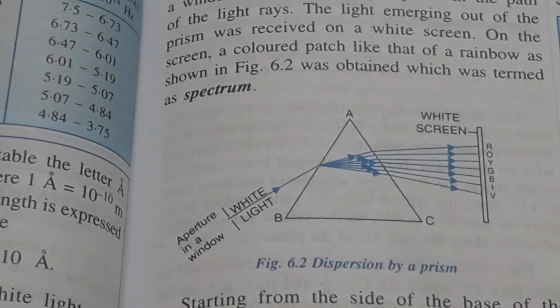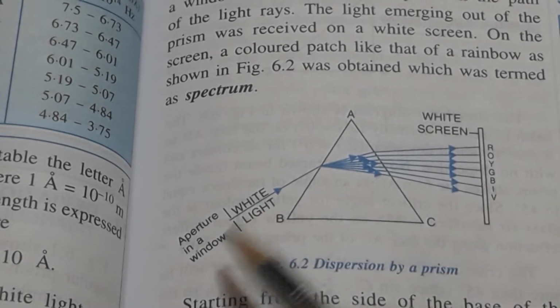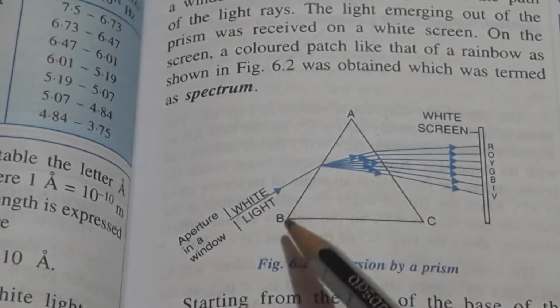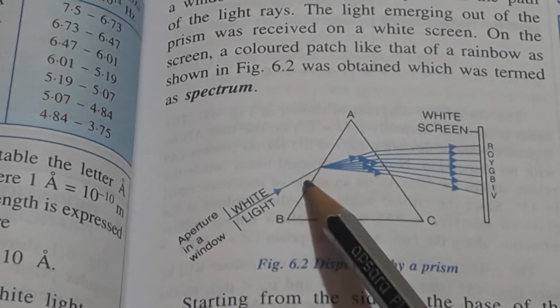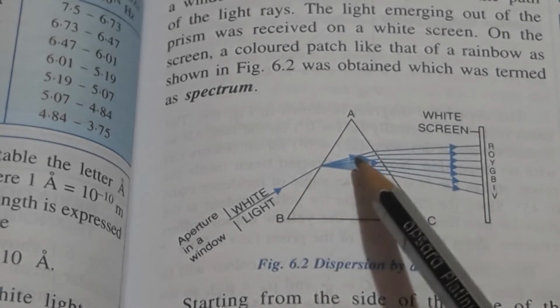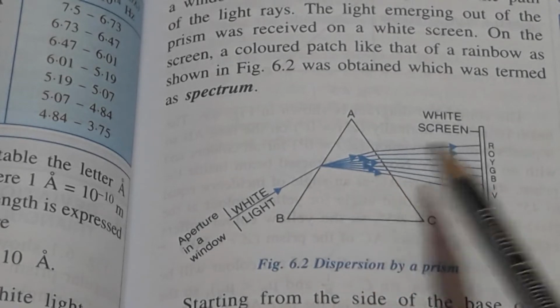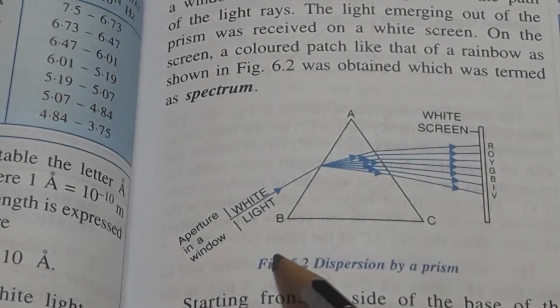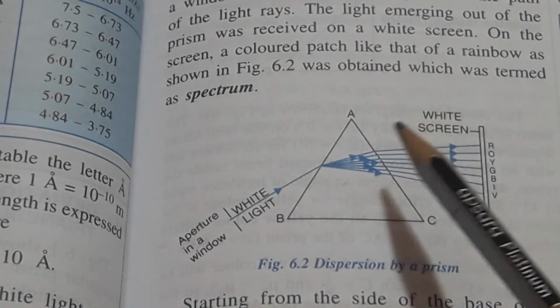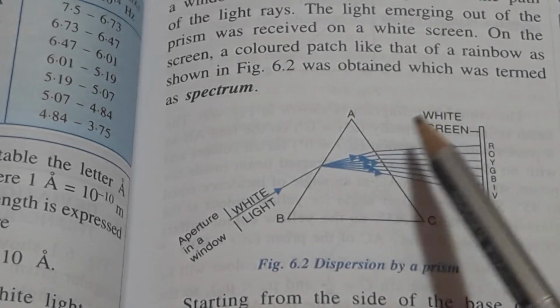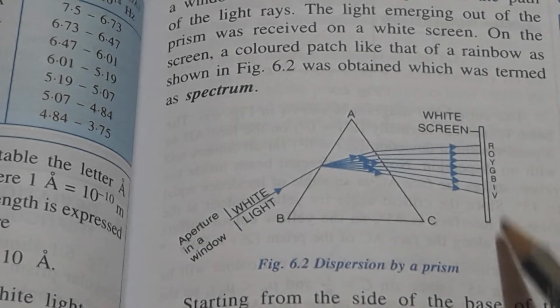Now let us see here. This is the white light striking a prism ABC. The colors separate from each other, and depending upon their speed, their wavelength and their frequency, they fall on the white screen.